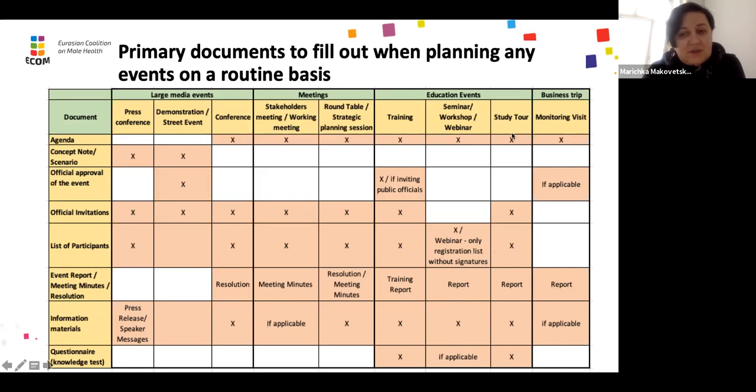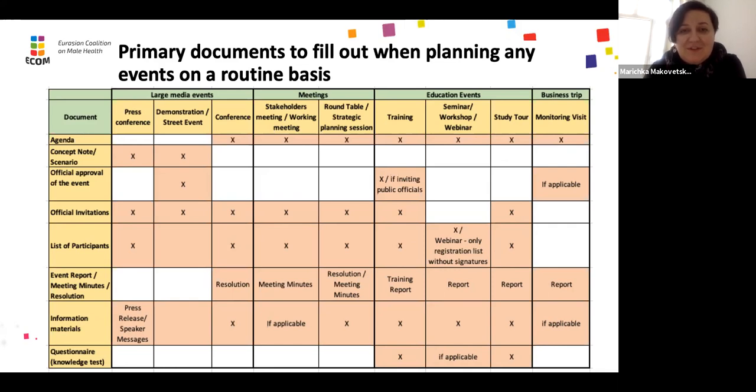So if you have a study tour, let's say to any other region or rayon or a country, again, you should have an agenda, you should have official invitations, because if you want to show by study tour to any government officials that in, let's say, Georgia, there is medical marijuana available for the people, while in Ukraine it is not.